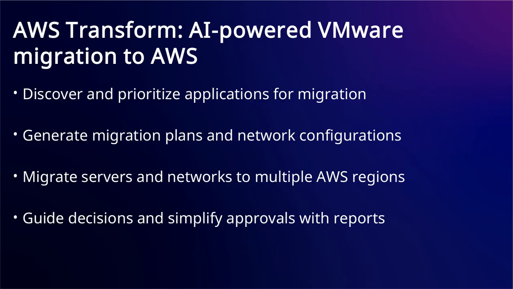It supports migrating servers and networks to multiple AWS regions, covering various source environments. Throughout the migration, you can interact with the AI agent for guidance and decision-making. AWS Transform also provides detailed reports to simplify internal approvals, helping you accelerate migrations while reducing risk and complexity.